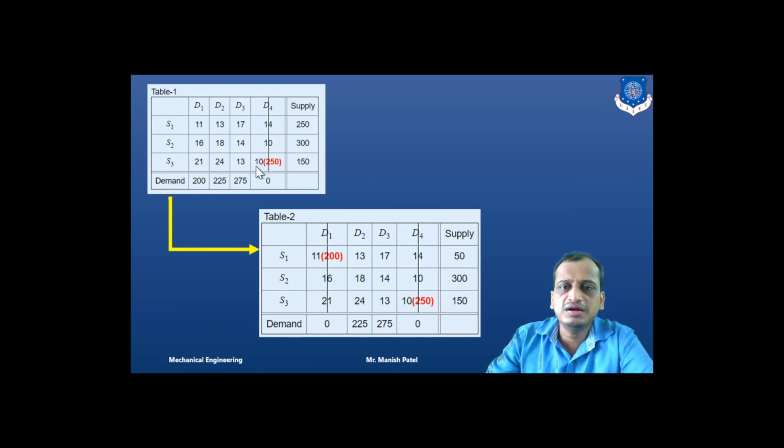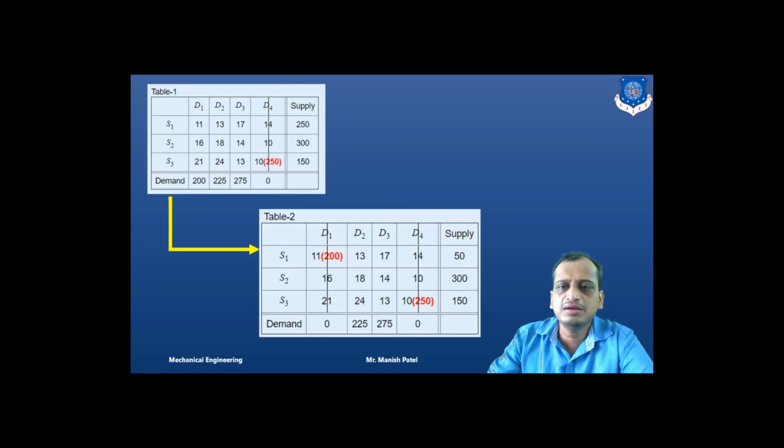So put 250 here. What is left? 150. Since 250 is fulfilled, this column will be cancelled, or eliminated, because this port has completed its demand.